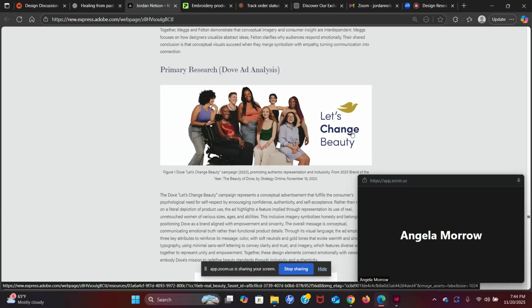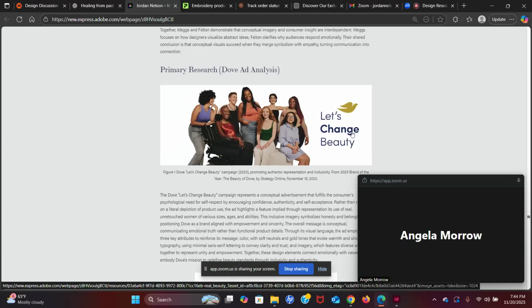What I love about Dove is, as you can see in this ad, they are using real people. They still use models, but they have shaped it to using real people who look like anybody you'll see, just regular, and also people who have disabilities. I think that's very inclusive, and it feels authentic to me.